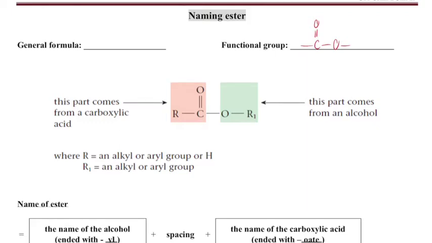And the general formula for ester would be a group of atoms attached to the functional group, and then on the other side we have another group of atoms. So here it further explains these two R groups can be alkyl group or aryl group.